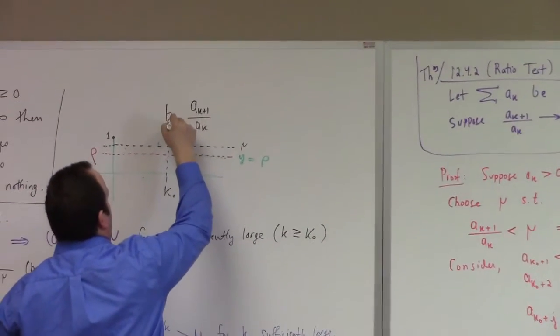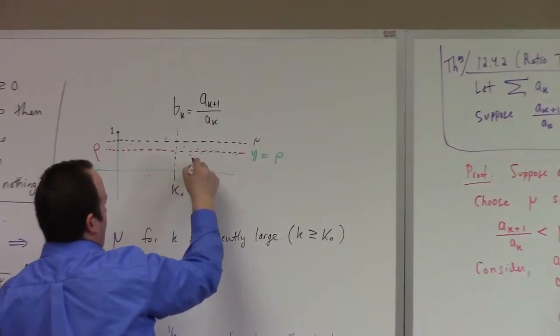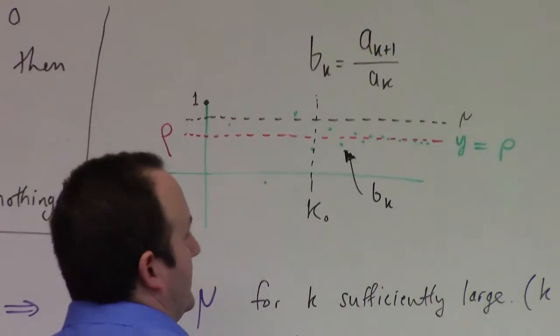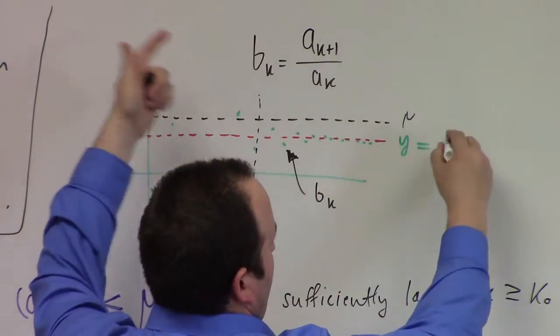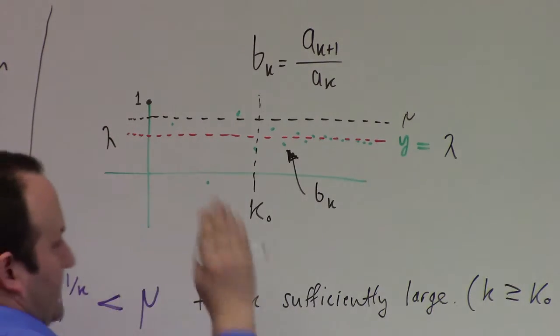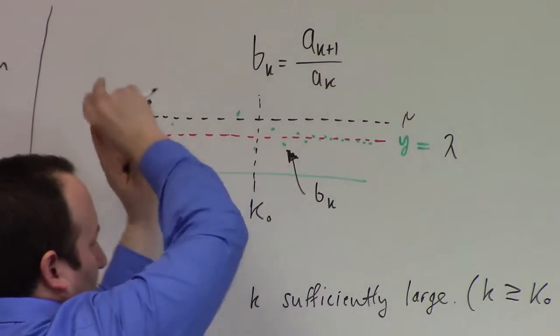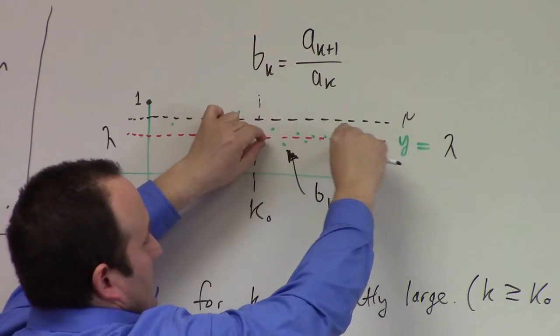That's these sequences. So like here's b sub k, all right? So like beyond some point, and y is equal to lambda now. Okay, great, all right, so whatever. Same picture though. So if you get far enough out, the ratio sequence is zooming in on this lambda, right?